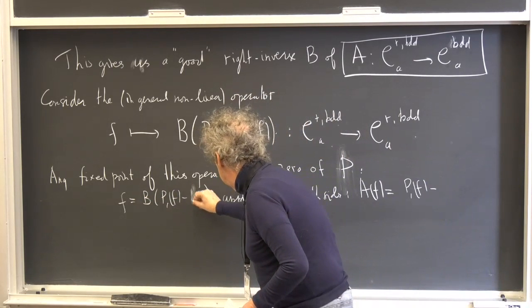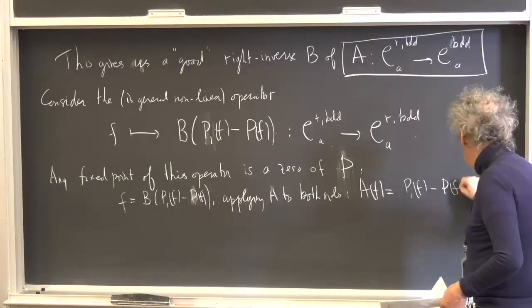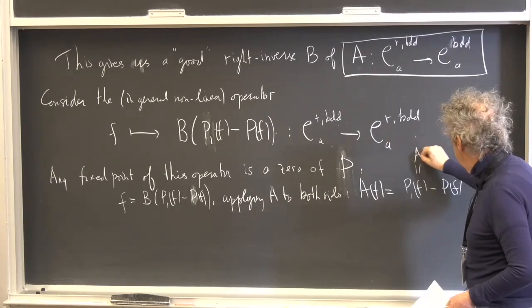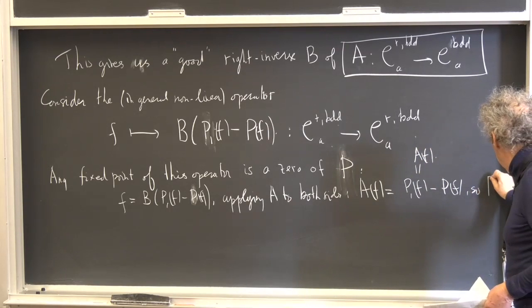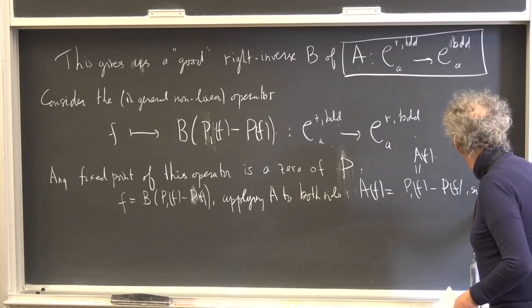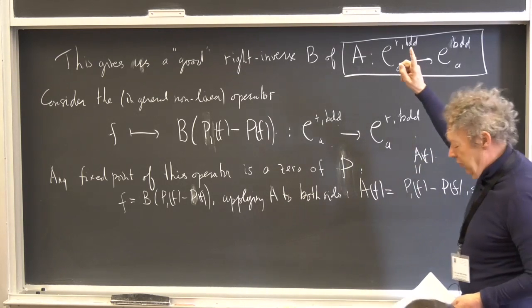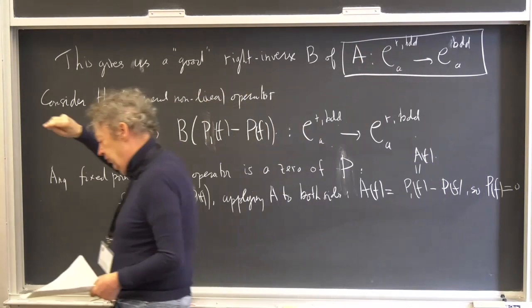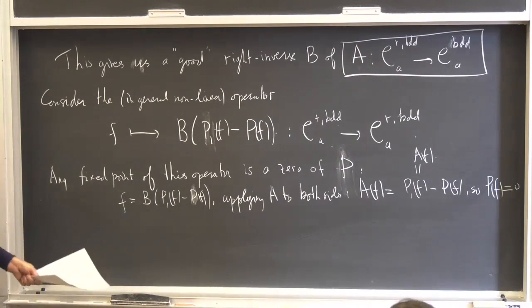PF, right? PF. But of course, P1F and AF are the same thing, that's just a difference in notation. And so PF is 0. So this is how we converted our differential equation PF equals 0 into a fixed point problem.